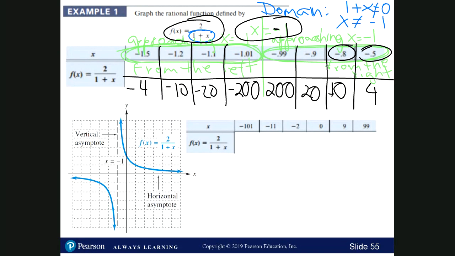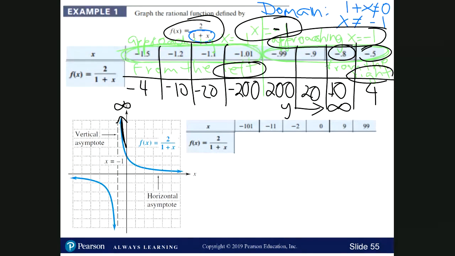So what we could say is that while the x values approach x equals negative 1 from the right, the y values are approaching positive infinity. And we could see that on the graph. We're on the right side of x equals negative 1. The y values are going up to infinity. They're getting larger. On the other side, which will be on the left side of x equals negative 1, you could see how the y values are decreasing.